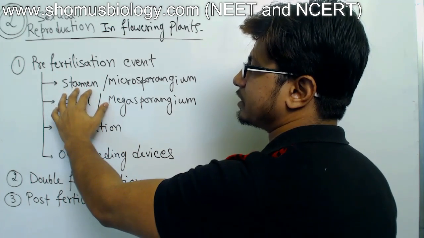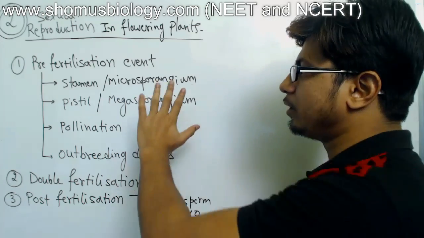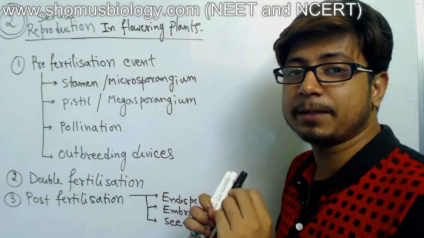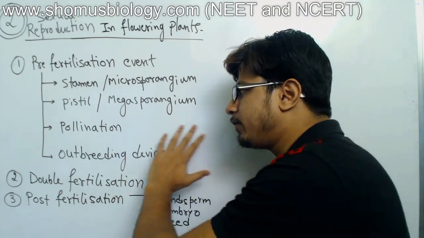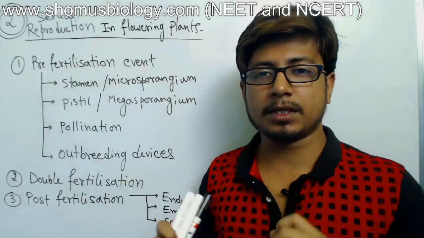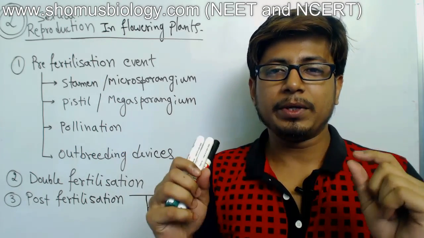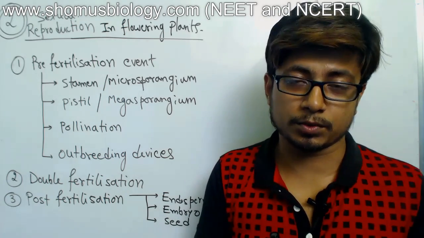The male part is known as the stamen, the female part is known as the pistil. Apart from knowing the whole structure and how they produce their components, which are the gametes, for any fertilization event, we've studied earlier that for sexual reproduction we need to produce gametes, which have half the number of chromosomes of the somatic cell.